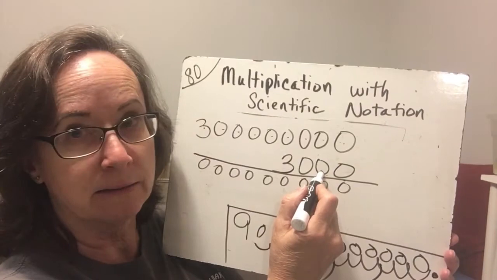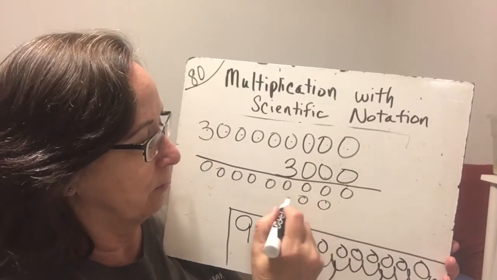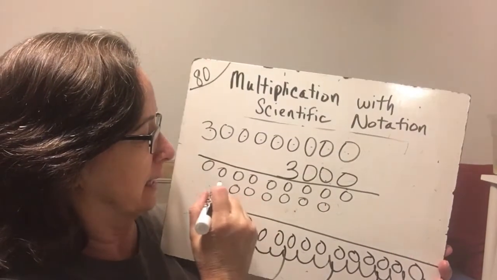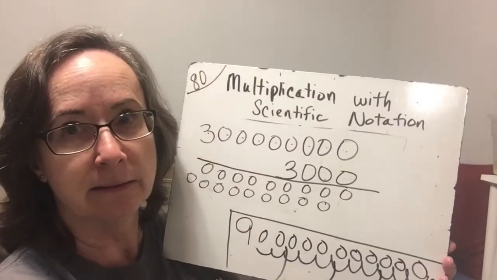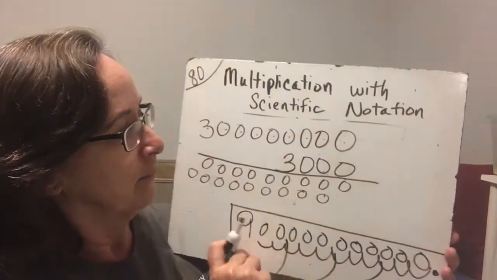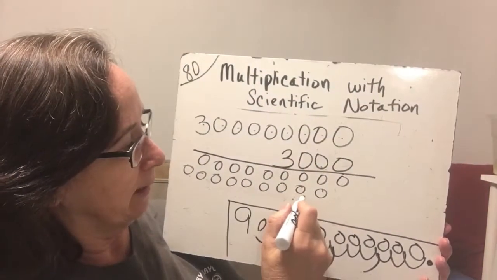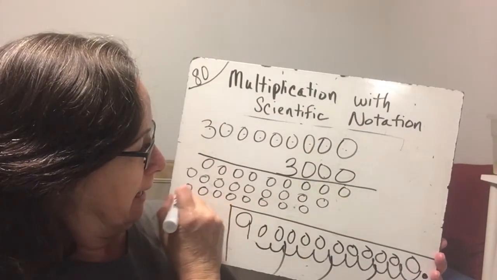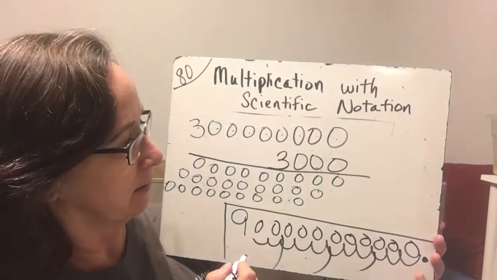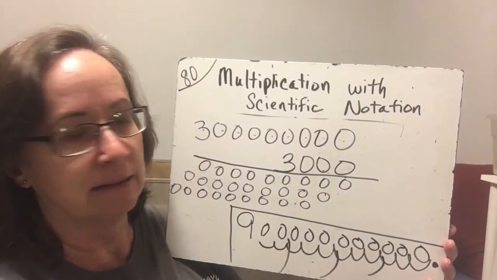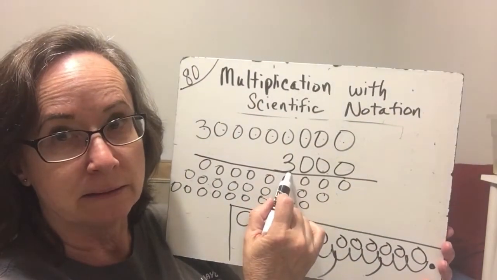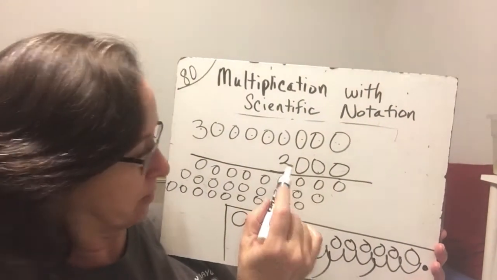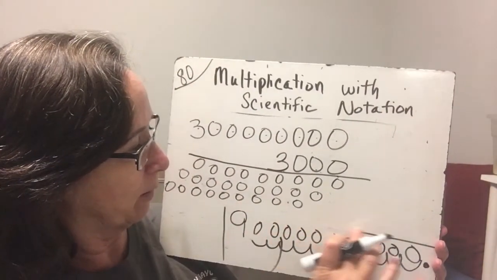And then here, we're going to have 1 through 9, all zeros. And then here, 1 through 9, all zeros. And lastly, we've got a 3. So we still have a lot of zeros, don't we? Let me see if I can get one more row on there.